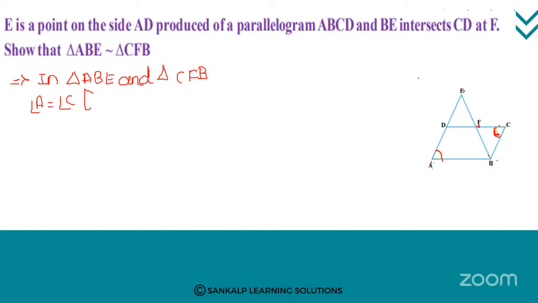In a parallelogram, opposite angles are equal and opposite sides are also equal, right? ABCD is a parallelogram. Here A and C are opposite angles. B and D are also opposite angles. Therefore, we consider A is equal to C. This is because they are opposite angles of a parallelogram.